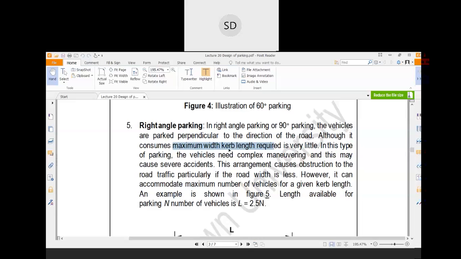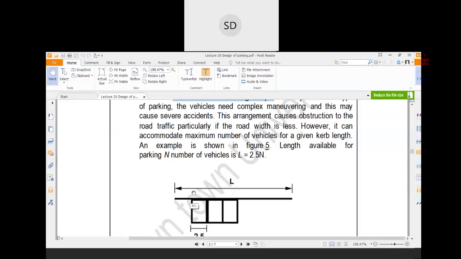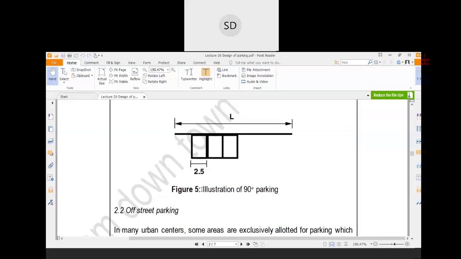In this type of parking, the vehicles need complex maneuvering, and this may cause severe accidents, because whenever a vehicle tries to merge into the traffic, it first needs to go backward and only then can it merge. Therefore, it will cause a disruption in the existing traffic. So this is all about on-street parking.